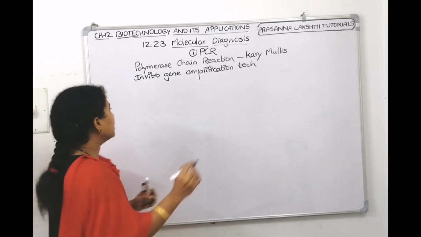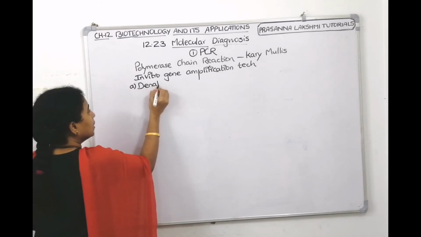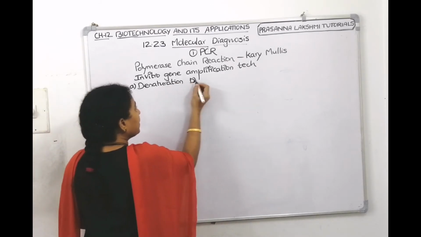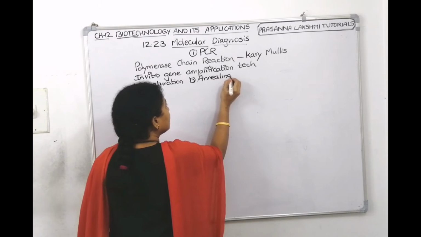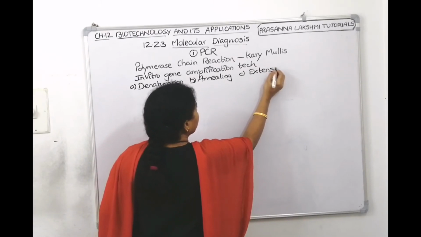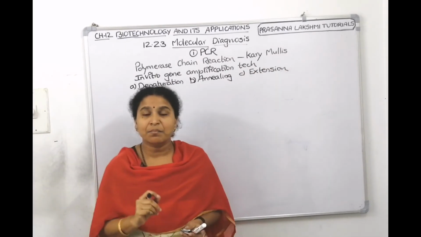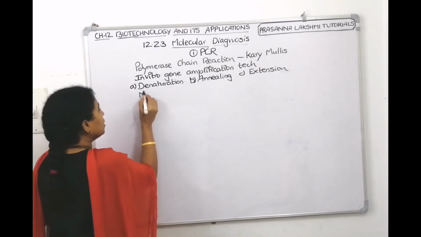The 3 steps of PCR are: the first step is called denaturation, the second step is called annealing, and the third step is called extension. PCR is conducted in a machine called a thermocycler.